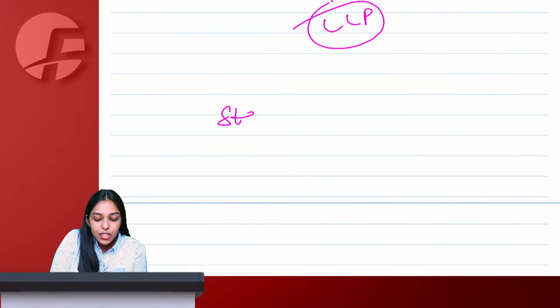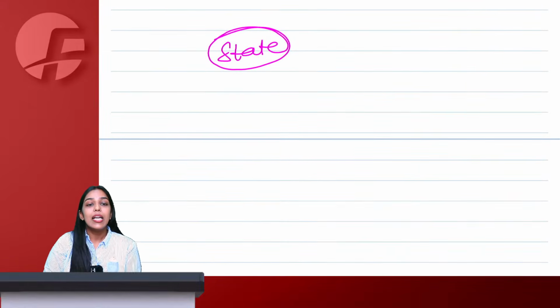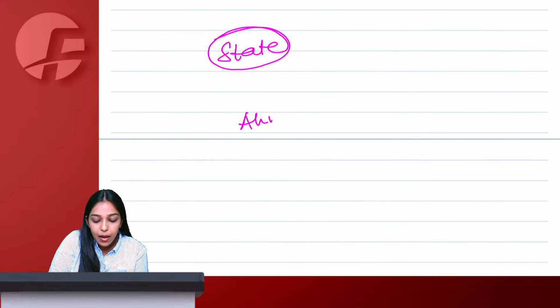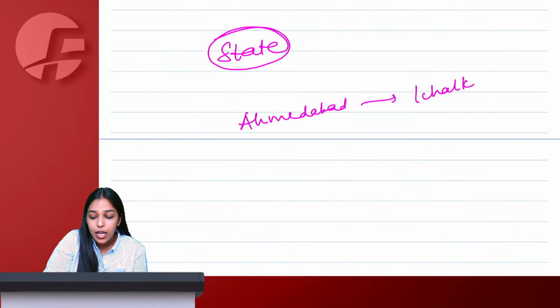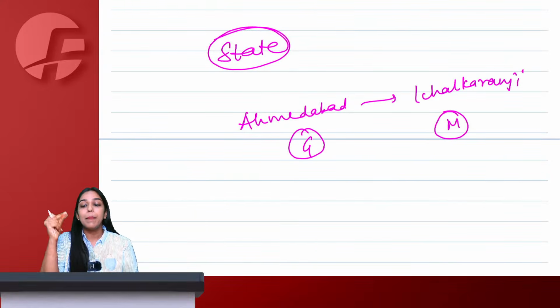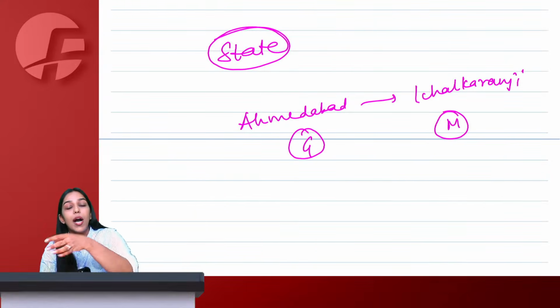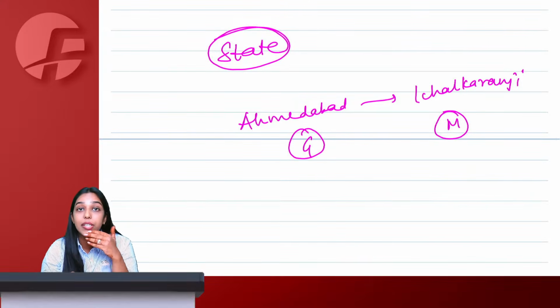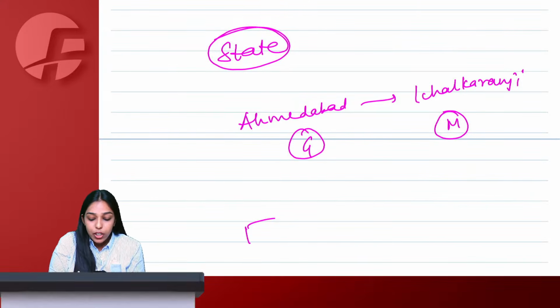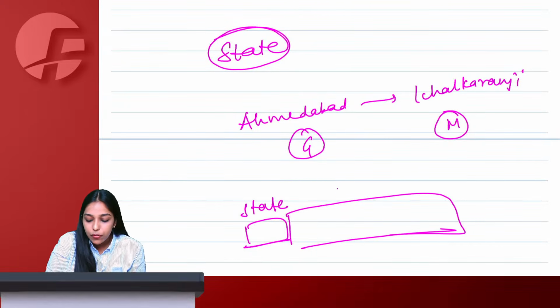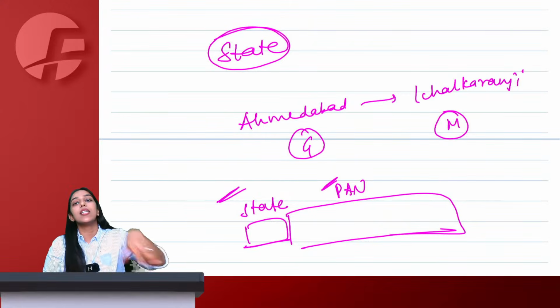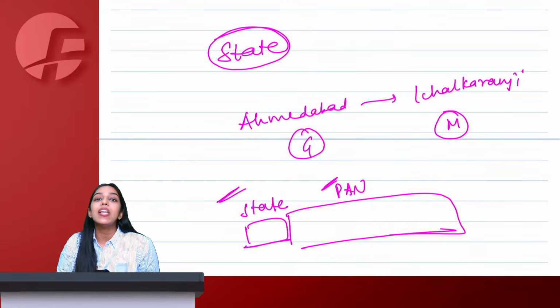Or if my address is changing to a different state, like my earlier address was Ahmedabad and now my address is Ichalkaranji, so my address has changed from Gujarat to Maharashtra. I cannot amend my existing registration because the first 2 digits of the GST number are the state code, and the next 10 digits are the PAN number. So if your state and PAN change, your GST number will change. How can you even amend that?